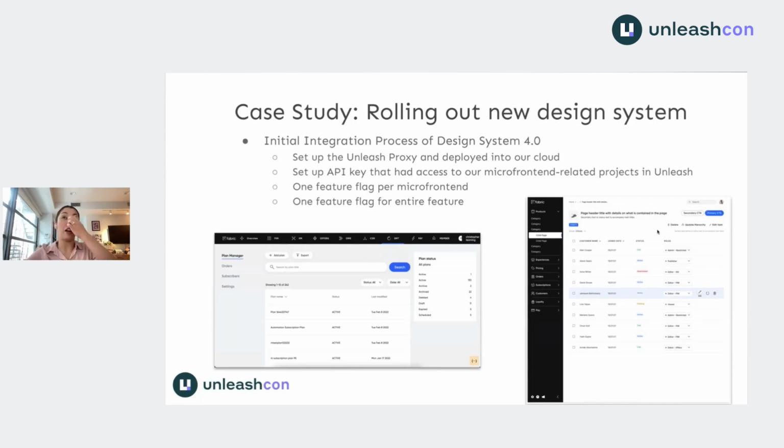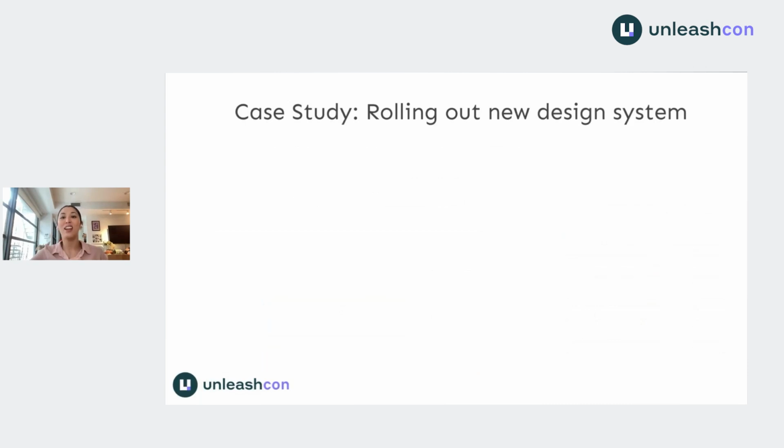Same thing with this main content. If we wanted to see what DS4 looked like, we could turn this feature flag on and it would show up as just this. Otherwise, if you turned it off, you could see just this section. So it was actually really cool to see piecemeal how each page and each component of the page was coming together like a puzzle piece as we were rolling out DS 4.0.